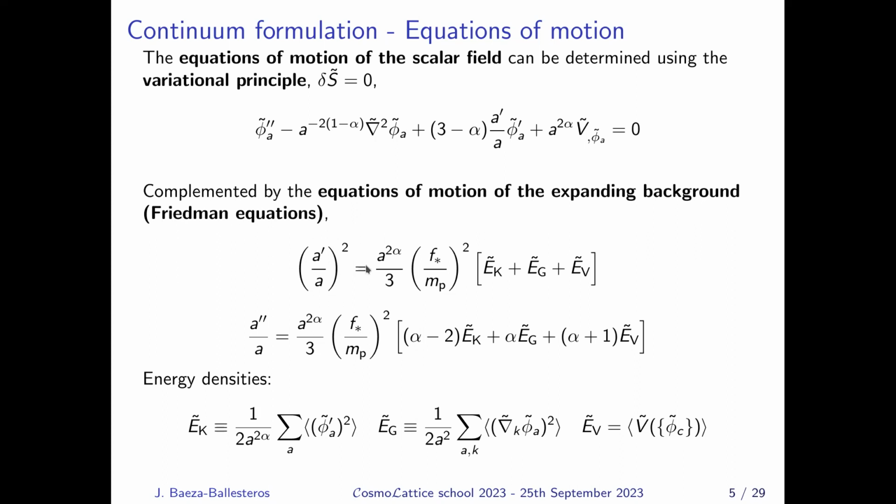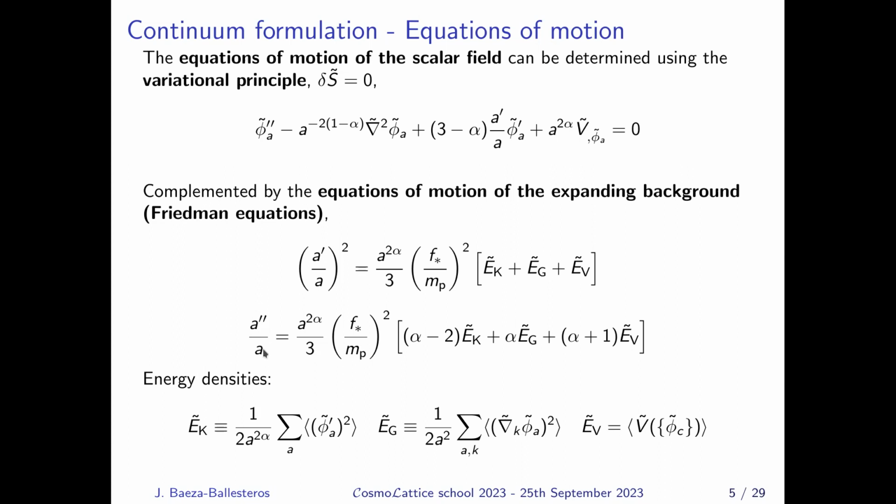The first Friedmann equation we will consider separately, as I will mention in a moment. And then the second equation contains the second derivative of the scale factor, and we can regard it as an actual equation of motion for the scalar field.